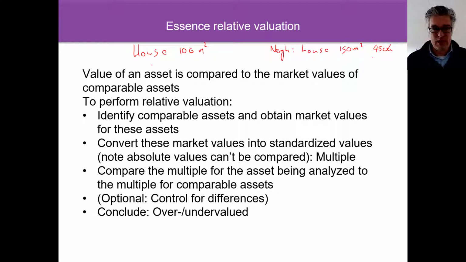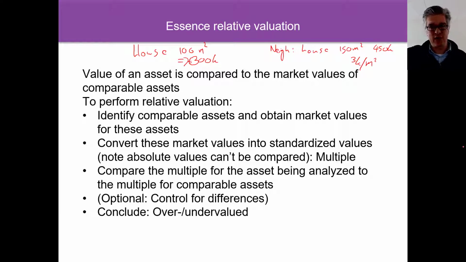If my house is the same quality, and if there's a linear relationship between house price and surface area, then this means that they're paying 3,000 euros per square meter, so that means that my house should be worth 300K in euros. And this is really the essence of relative valuation.